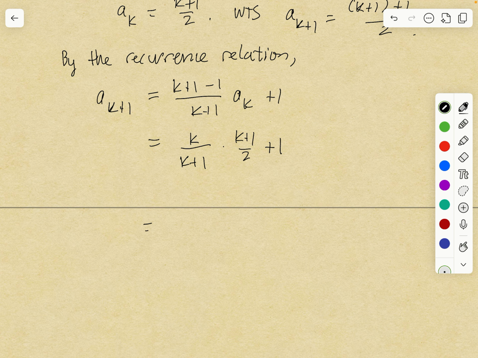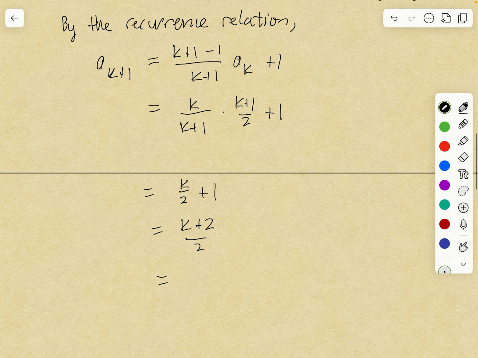Now the k plus 1's cancel, and so you get k over 2 plus 1, and that's equal to (k plus 2) over 2. And that is equal to (k plus 1 plus 1) over 2. And that completes the proof by induction.